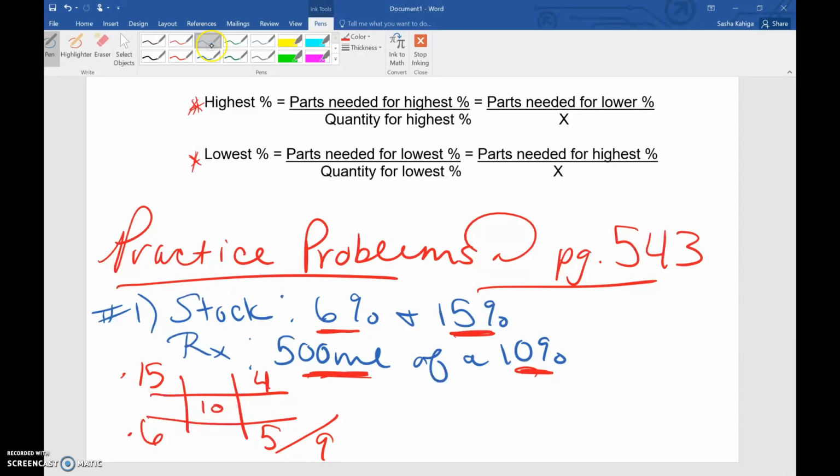Now I can solve the problem by taking, for the 15%, the parts needed, which is 4, over the total parts of 9 and multiplying it by 500 milliliters. So 4 over 9 times 500 gives me 222.2 milliliters.